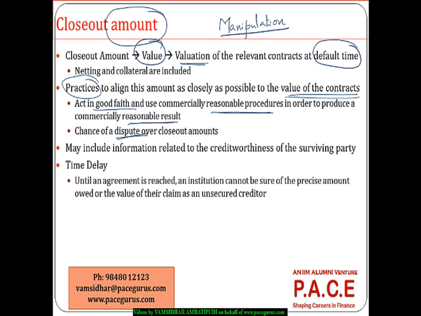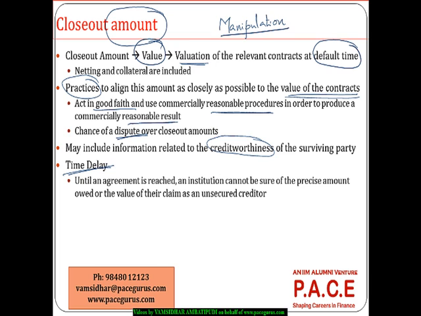So because of various reasons, there is a very big scope for manipulation in the computation of the closeout amount. So it actually has to take into consideration various elements, including the creditworthiness of the surviving party as well, to what extent they will be in a position to pay what they are supposed to pay. And this entire thing takes a lot of process, which means there is a huge time delay.